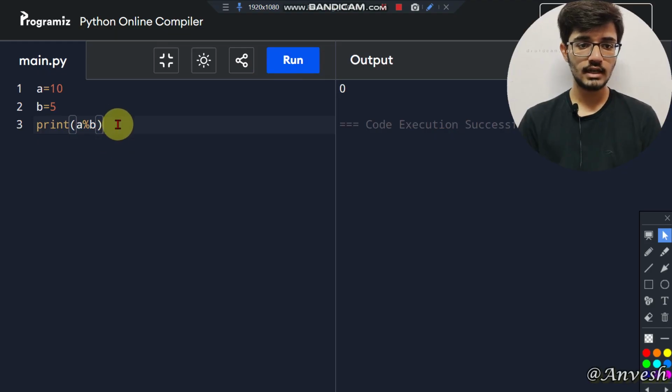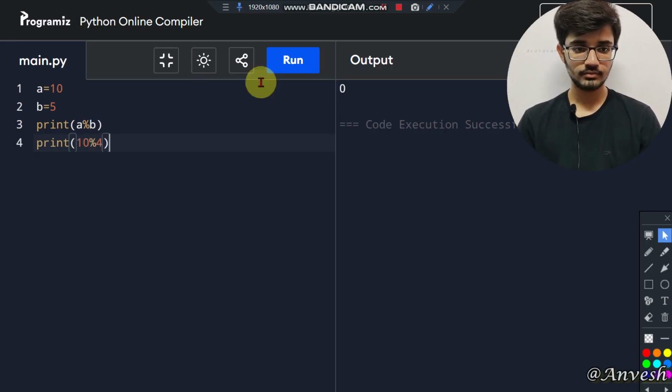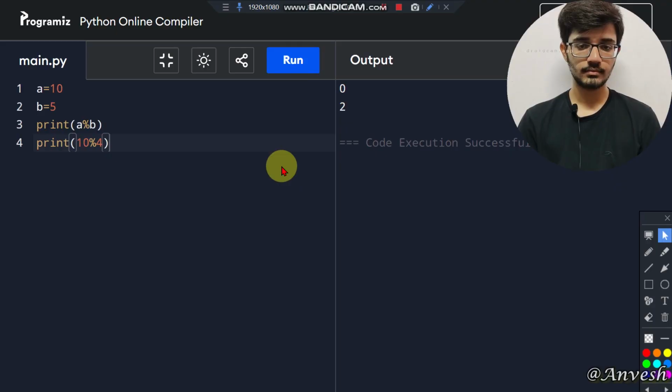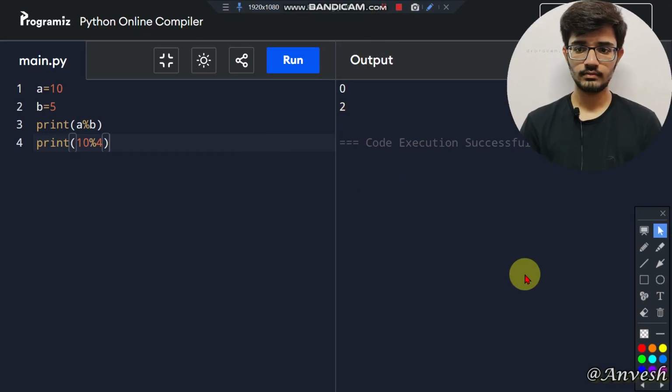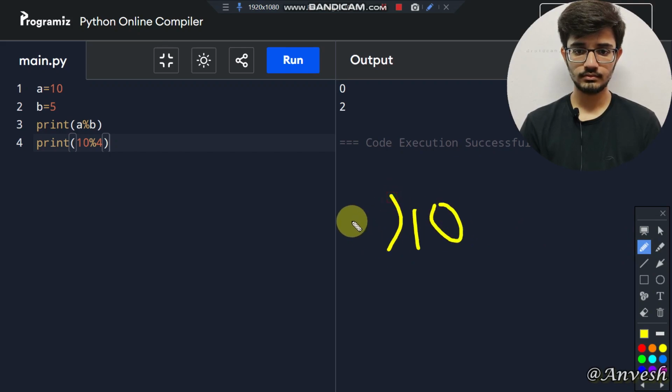Now let us take the other example: print 10 percentage 4. Now let us see that. Here we get the remainder as 2. Simple, very simple. When 10 is divided by 4, we get 2 as the remainder.